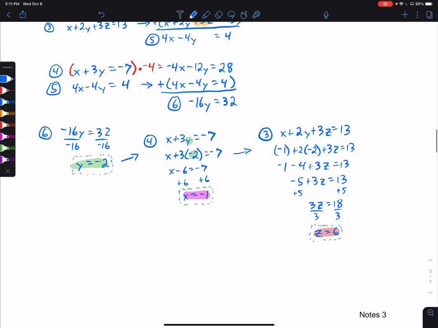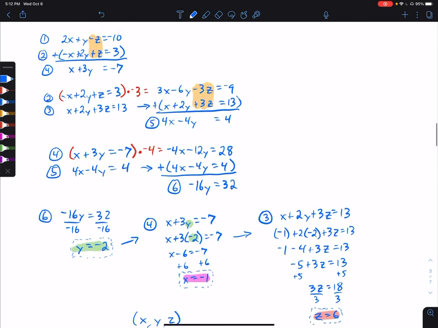So my final answer, I want to put these in alphabetical order, so it would be x, y, z, kind of like a coordinate point with 3 pieces. So -1, -2, 6. And this is my answer.